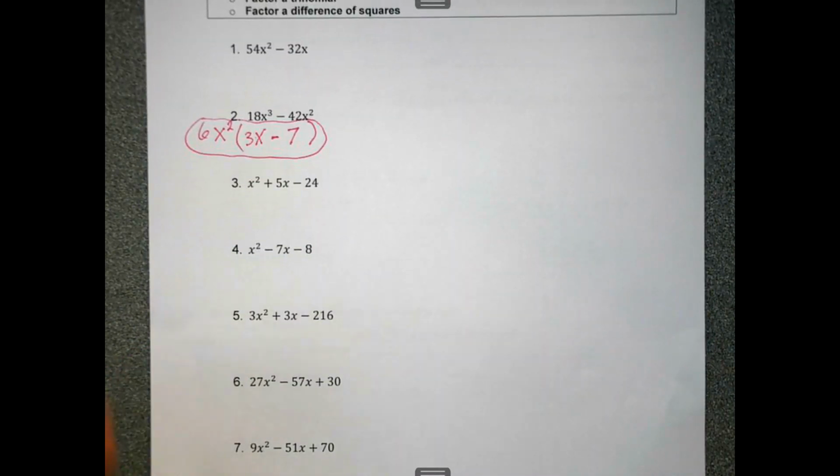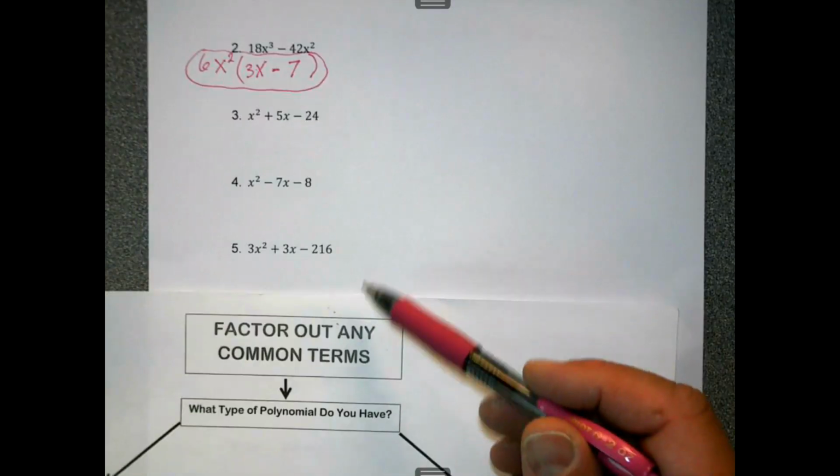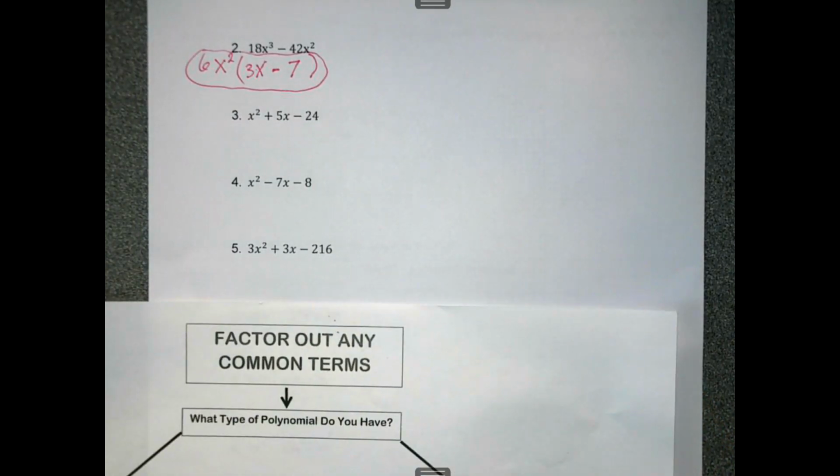Let's do number 5. Again, you get to use your factoring charts, right? Your flow charts. I just had mine here last hour. Here it is. So number 5, we should have been using these all along. Can I factor out any common terms? Well, you're thinking to yourself, well, 216, I don't know.